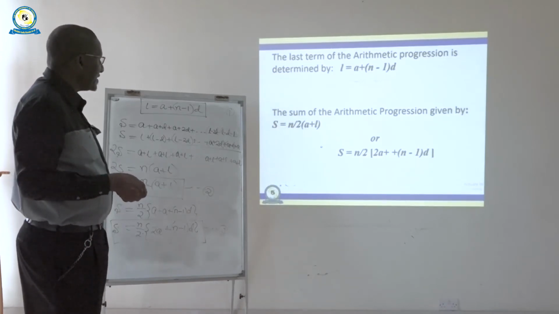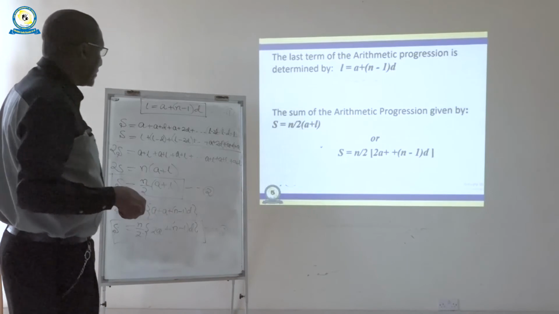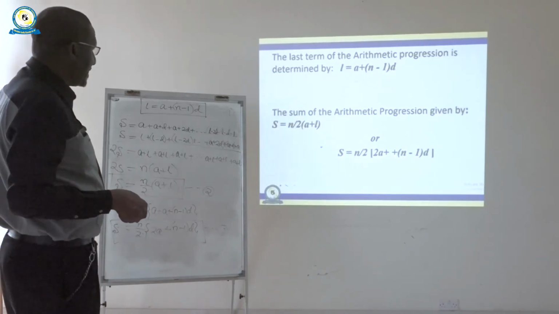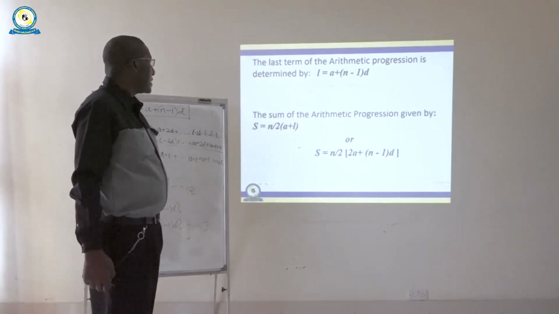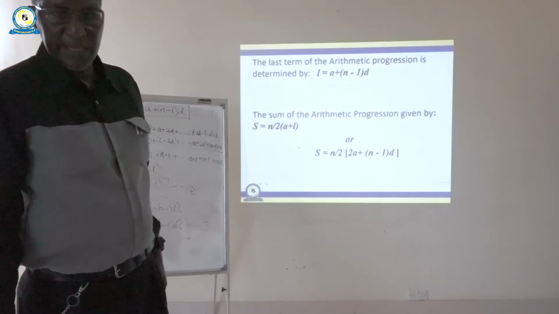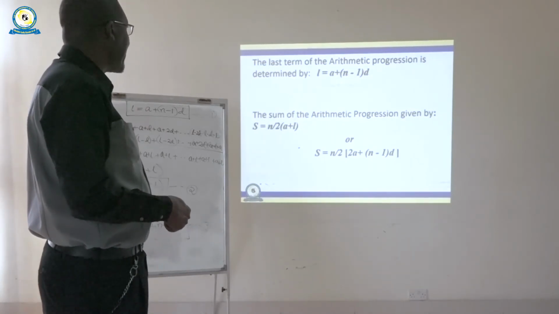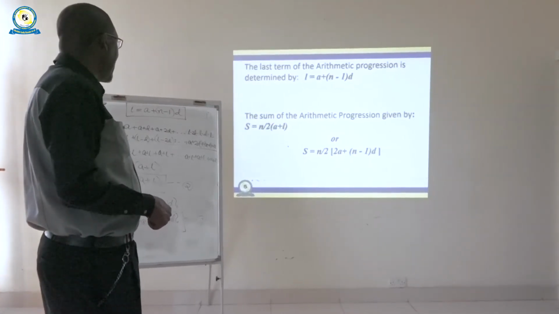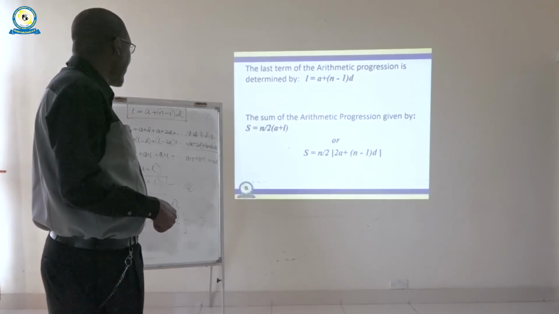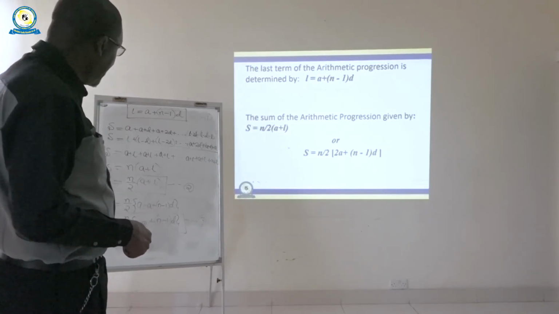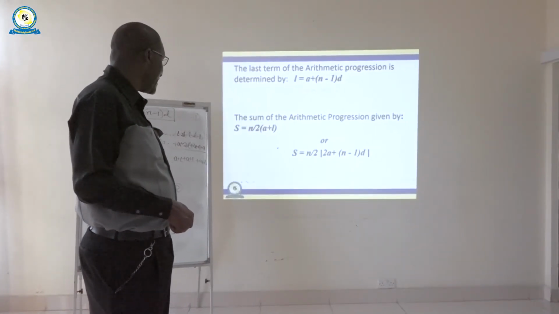The sum of the arithmetic progression, as we have proved, is S equals n divided by 2, A plus L, and also equals n divided by 2, 2A plus n minus 1 times D. If you expand this, you will find that S equals n divided by 2, 2A plus n minus 1 times D.